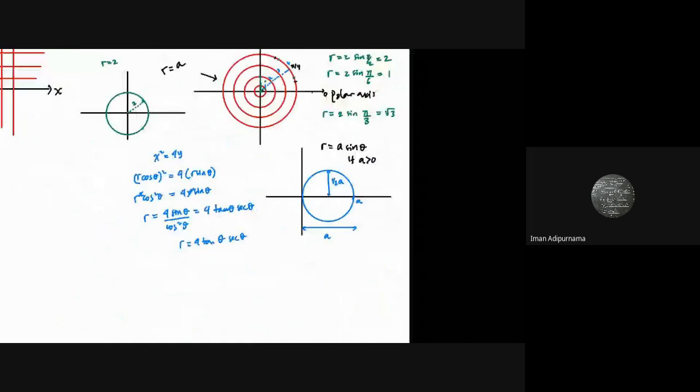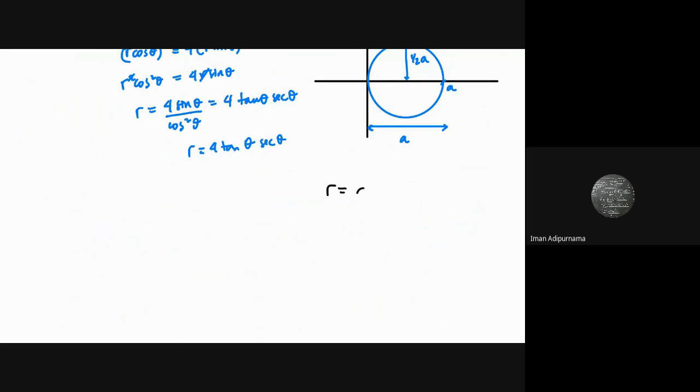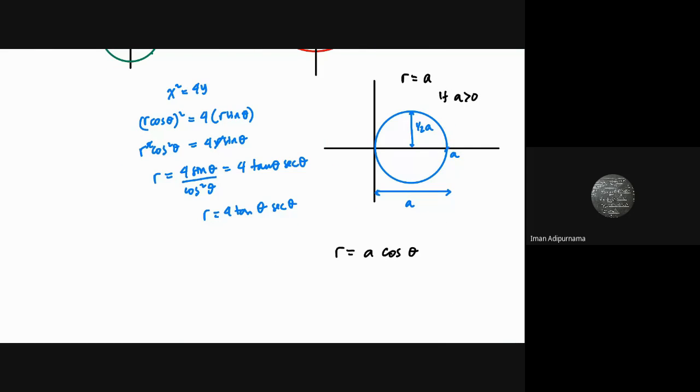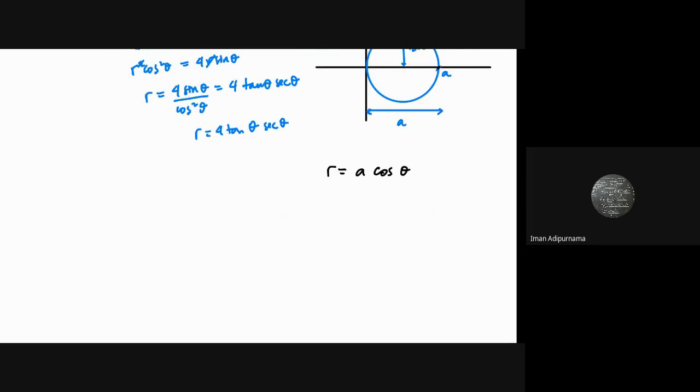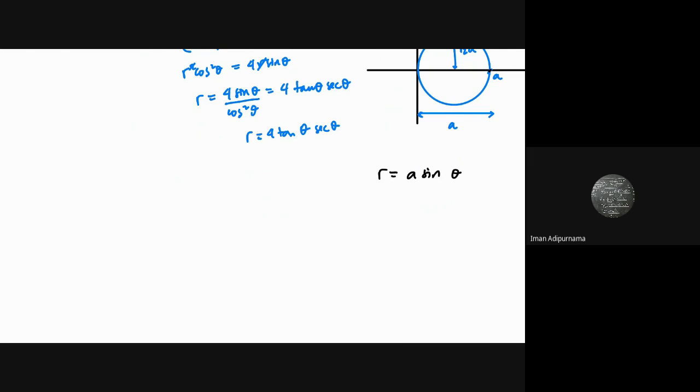Okay, so if we have another one, like for example, r is a cosine theta. Oh, sorry. I think this should be sine because a is in this positive one. Okay, sorry, this is sine theta.